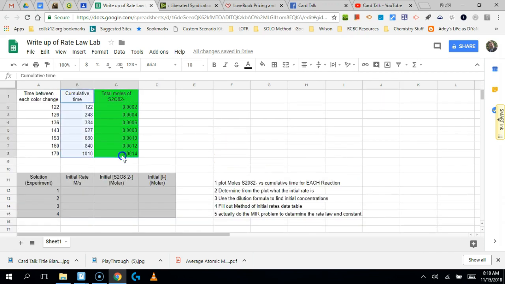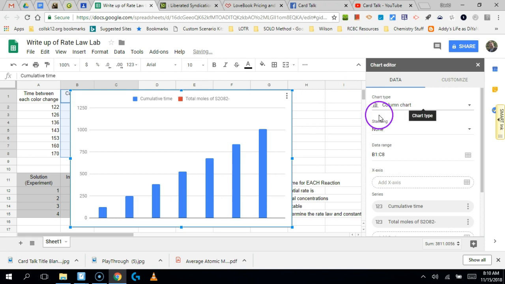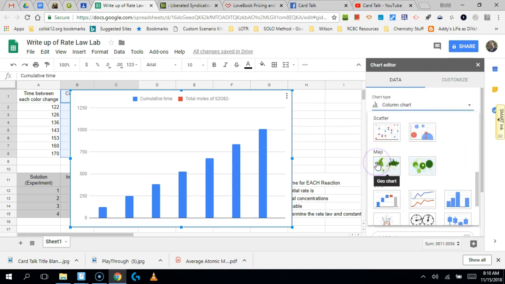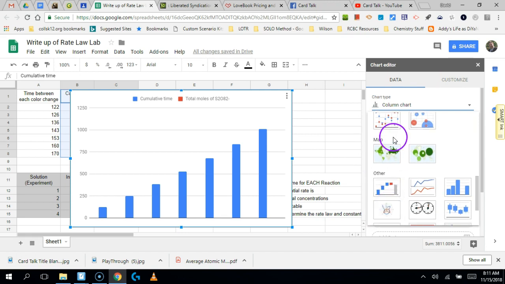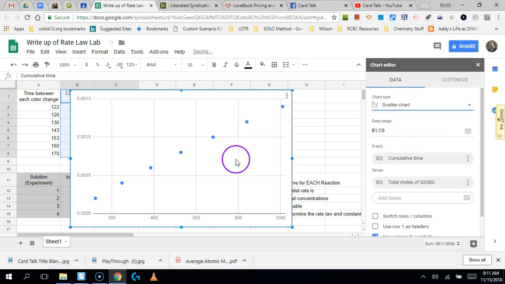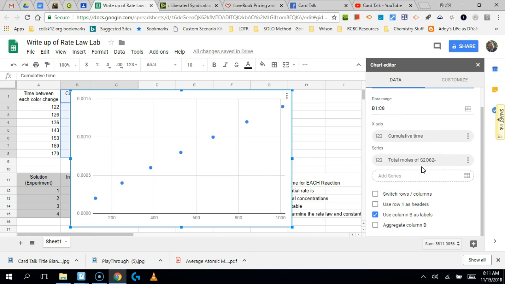To plot that, I'm going to highlight these two columns, click here, and change the chart type to a scatter graph. Notice the x-axis is time, and the series, which is the y-axis, is the total moles of S2O8.